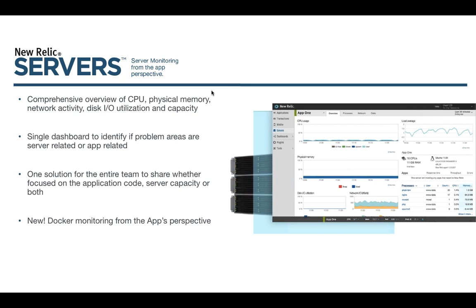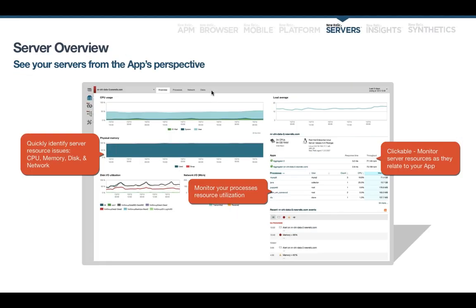And I guess the key takeaway here is that you want to be able to find out if something's wrong. Is it your application that's performing poorly, or is it the infrastructure? New Relic Servers, among many other things, allows you to dig into CPU usage, memory, network, disk I/O, etc., and find out exactly how your infrastructure is performing.